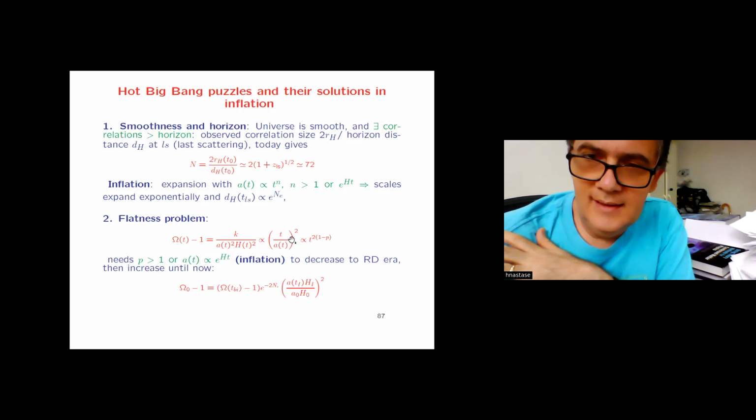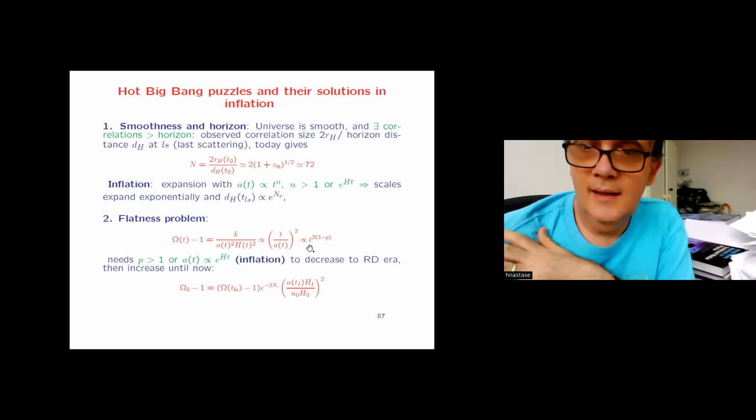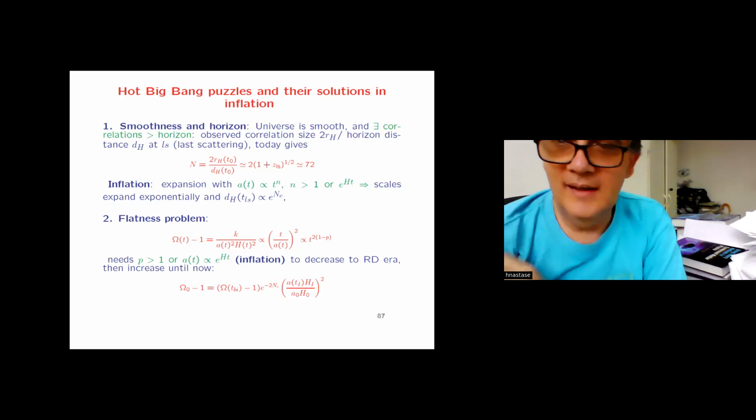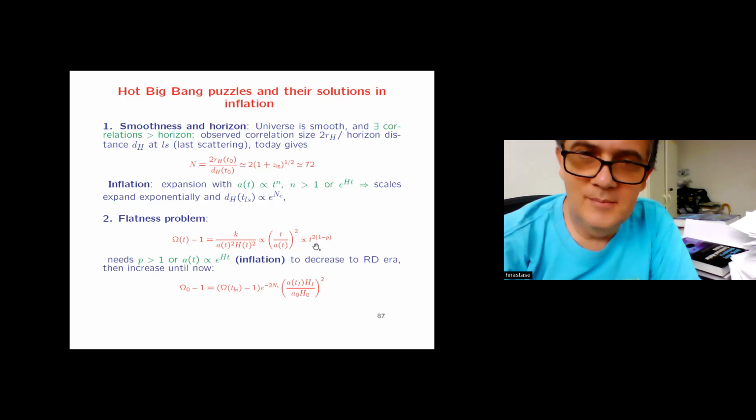And that is proportional to t over a of t squared. I used a different number; p is the same as the n here. So then this is proportional to t to the 2 times 1 minus p, or this n.